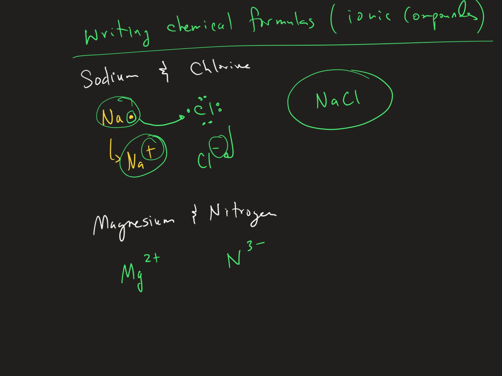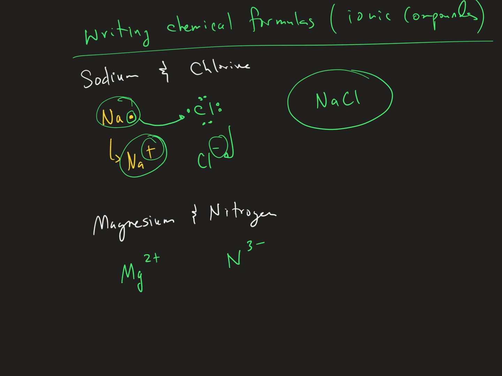Sorry, I'm not necessarily following how it gained 3. Magnesium had 2 valence electrons, right? But forget about magnesium when we do nitrogen. Nitrogen has 5 valence electrons. You with me? It wants 8. They didn't necessarily come from magnesium.